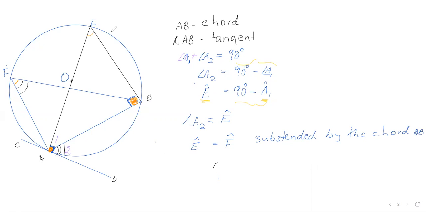Therefore, you can see that this angle here is equal to F, and this angle here is this angle here. Therefore, angle A2 is equal to angle F.